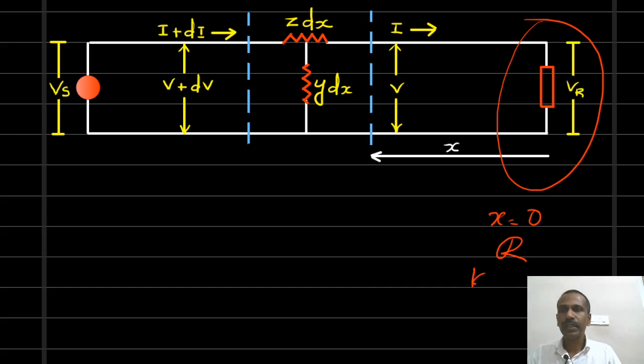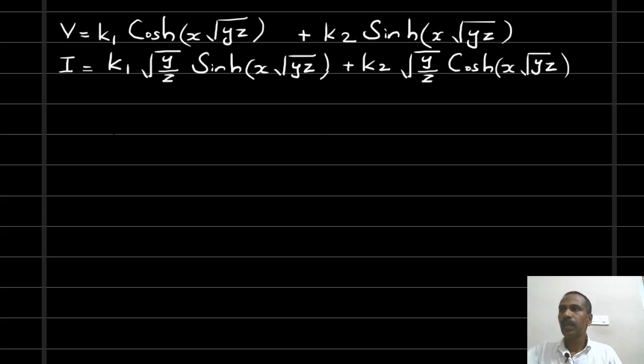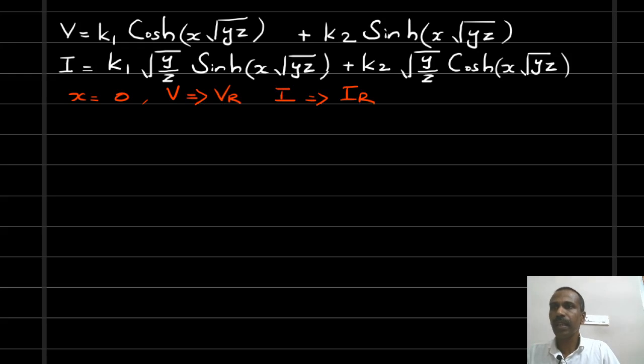Here we will get the constants k1 and k2. So we will apply this boundary condition x equals 0. So the voltage becomes the receiving end voltage. The current becomes the receiving end current, IR.